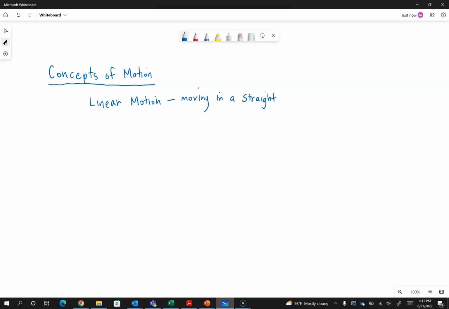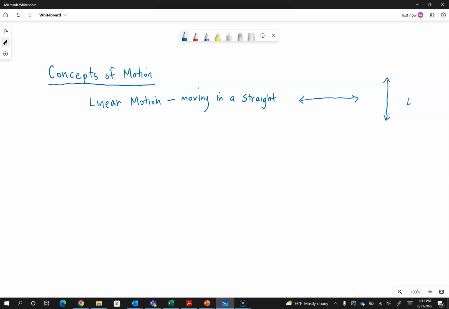That straight line could be back and forth. Say we're watching a car drive down the street or back up out of its parking spot in the parking lot. The motion could be straight up and down, like tossing a ball in the air and letting it rise and then fall back to our hand.